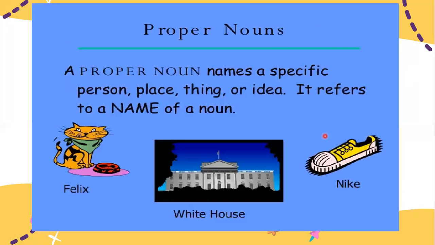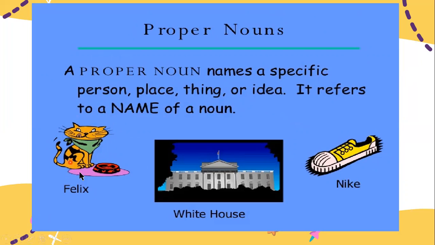Next noun, proper. What do you mean by the word proper? Doing things in a proper way, the exact and correct way, specifying it. In the last noun we learned about common. If it's a thing, we say it in common. But here we refer to that specific thing.